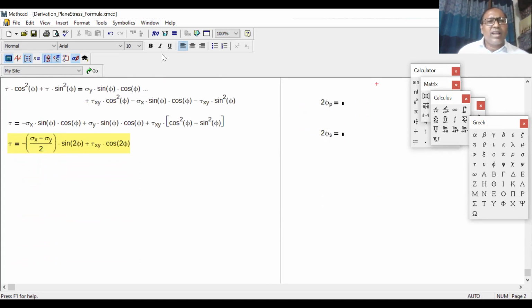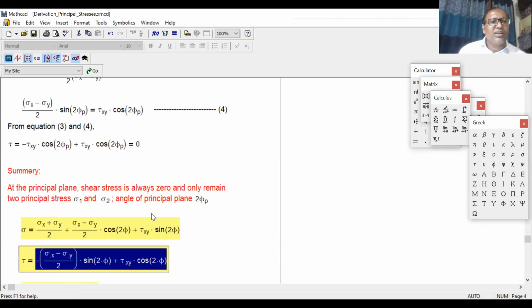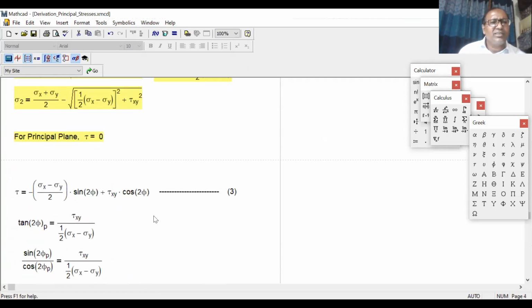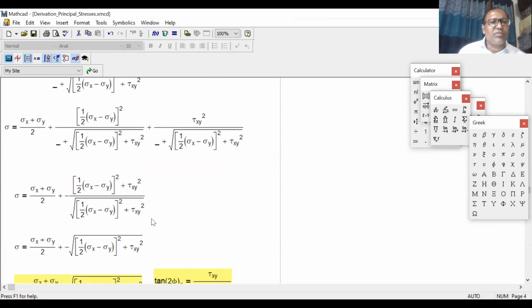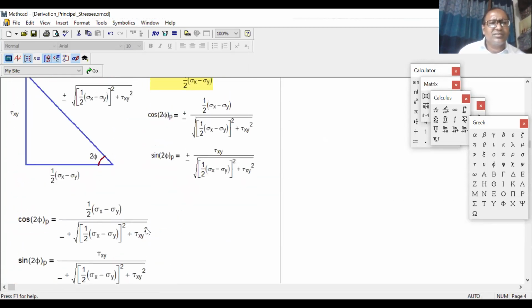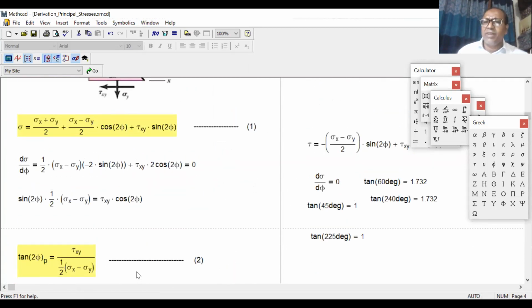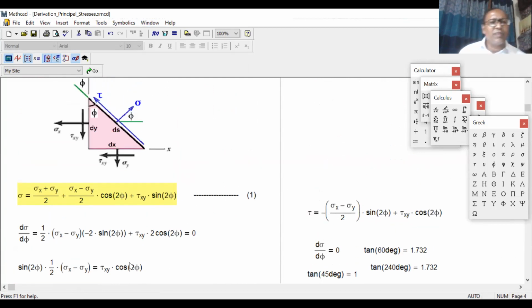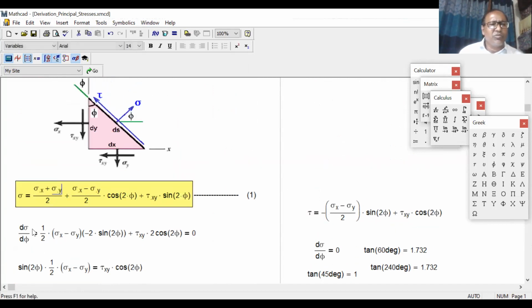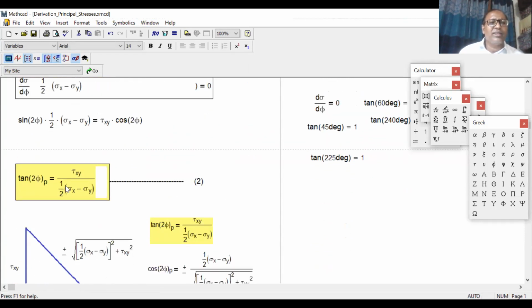So at first we figure out the principal stresses, sigma 1, sigma 2. How did we do it? Right over here in the formula, we took the mother equation. So we do one time for sigma, next time for tau. We take the mother equation, make the derivative equal to 0, then simplify, and we get tan phi.